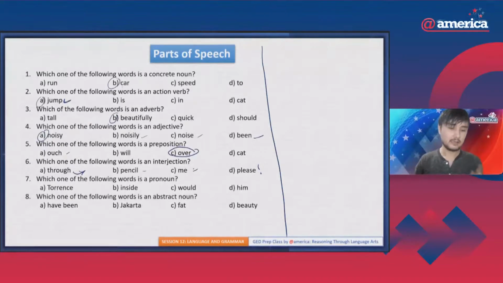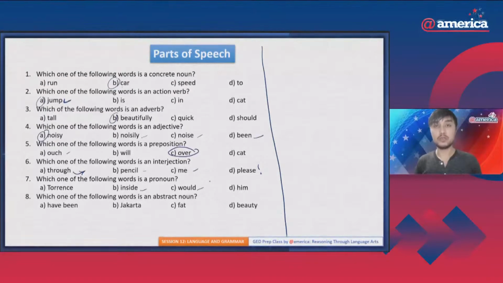Now, number 7. Yes, well done. Which of the following words is a pronoun? We said that pronouns basically replace nouns. So "tolerance," we know it's a noun, and also a proper noun because the first letter is written in capital. "Inside" is a preposition, like inside this house.